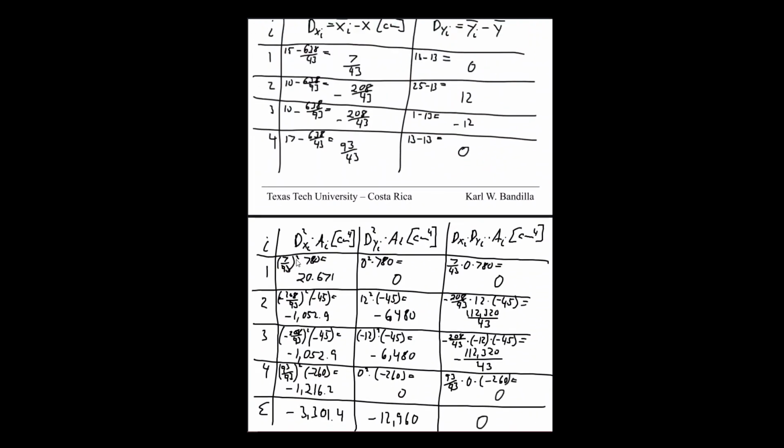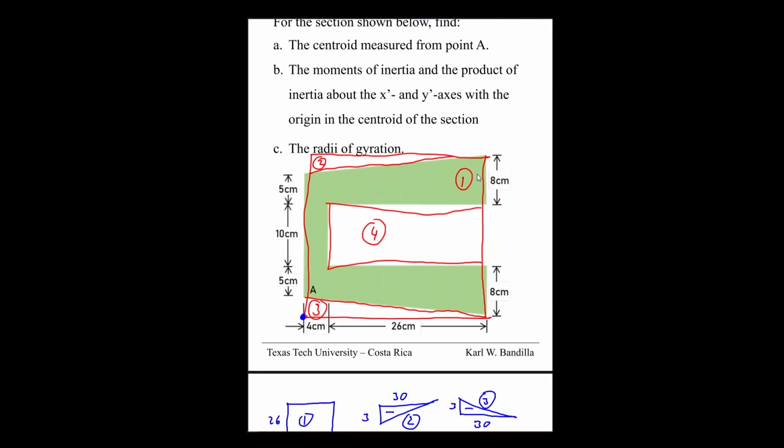Gives me 0 centimeters to the fourth. And we kind of already knew that, right? If we think about that, our centroid is going to be somewhere along here, so this is definitely an axis of symmetry, so it should be 0. All right, then the last part we have to do is kx prime and ky prime.